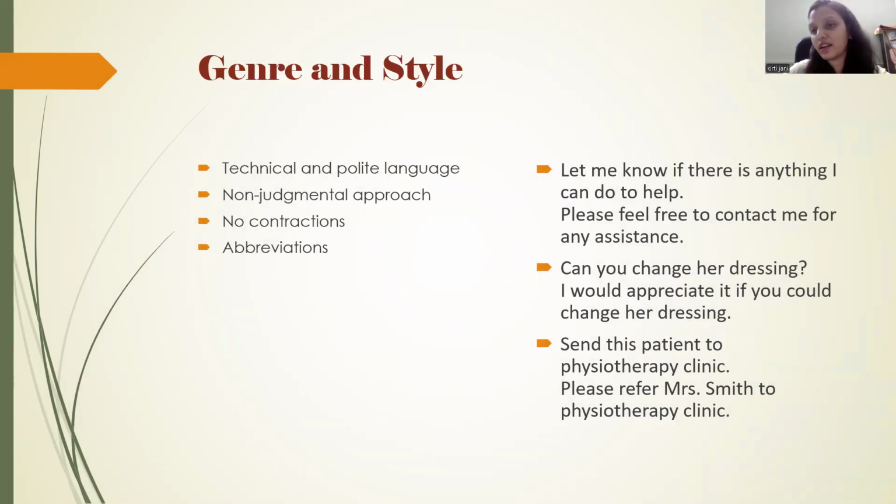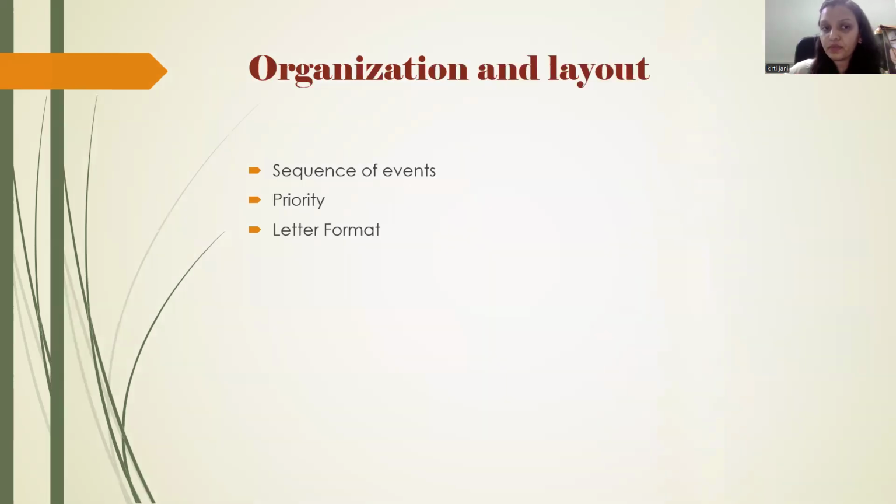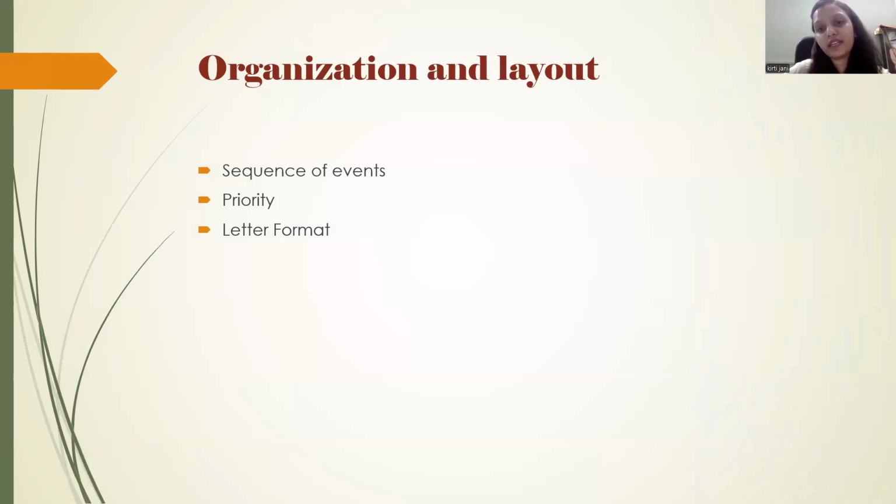Next is genre and style. Your language has to be polite and formal. Don't use any judgmental approach. No contractions, and use appropriate abbreviations. Then organize your letter, and be flexible in organizing. It will always depend on the type of case note you have been provided.